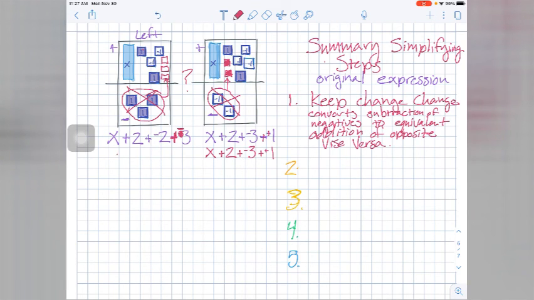So this will turn into x plus 2 plus negative 2 plus negative 3. So now everything is being added. I think that's a really good first step to do.